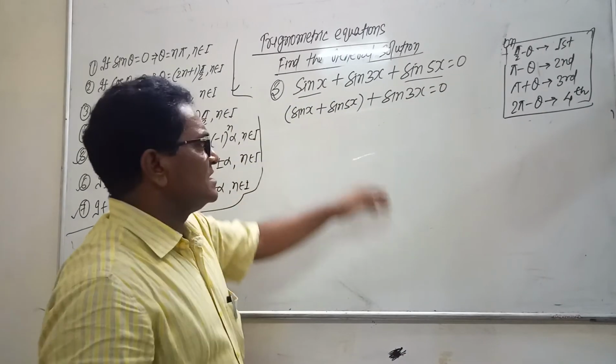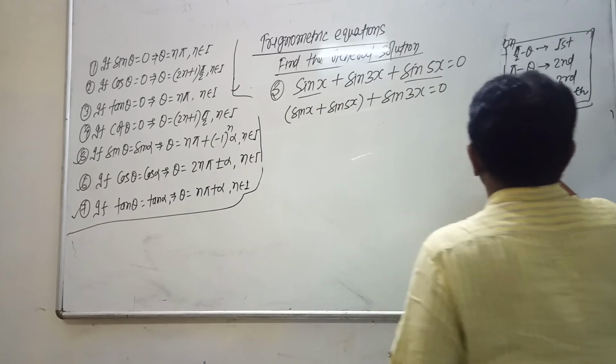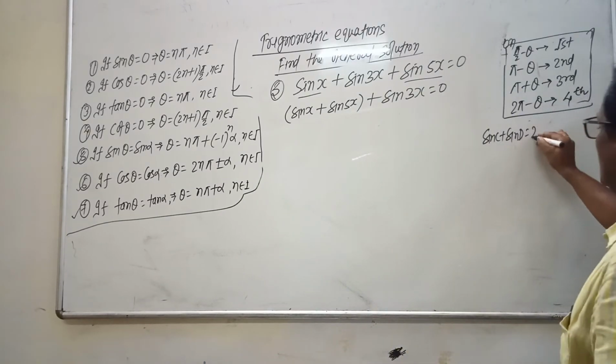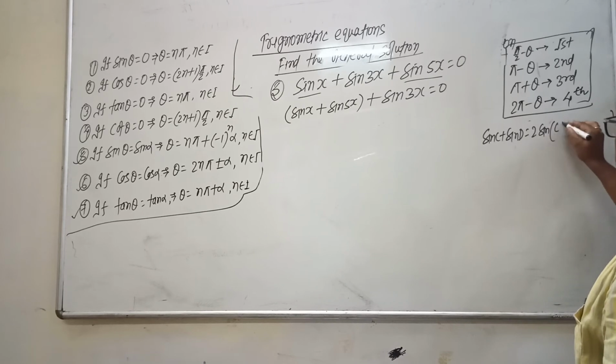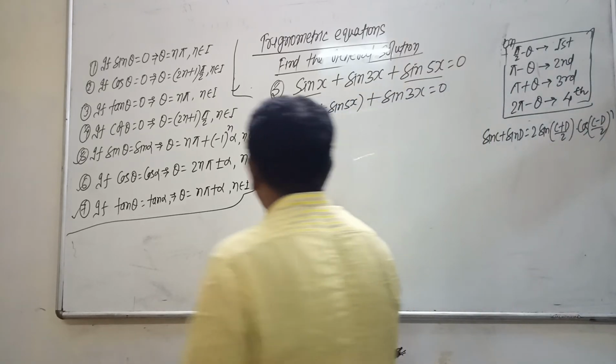Use the formula sin C plus sin D. sin C plus sin D is equal to 2 sin (C plus D) by 2 into cos (C minus D) by 2. We use this formula in this bracket.